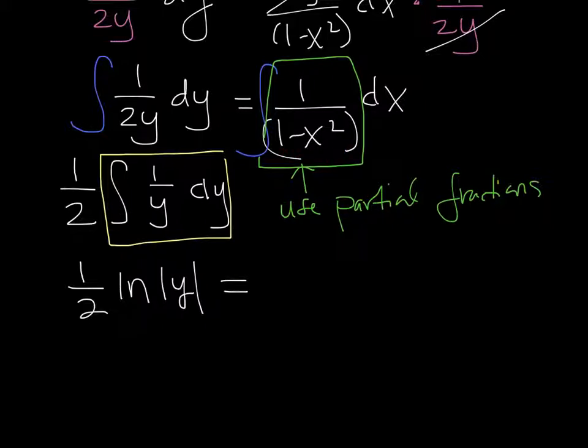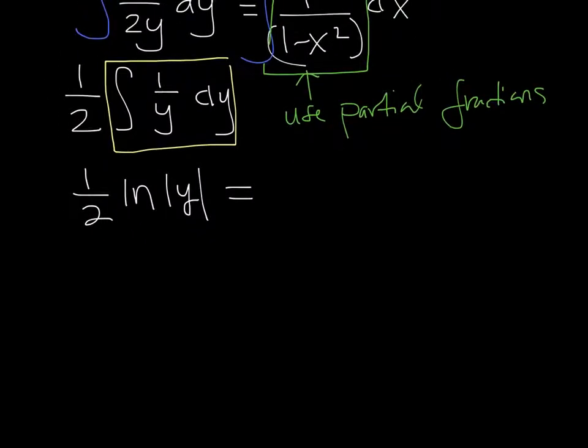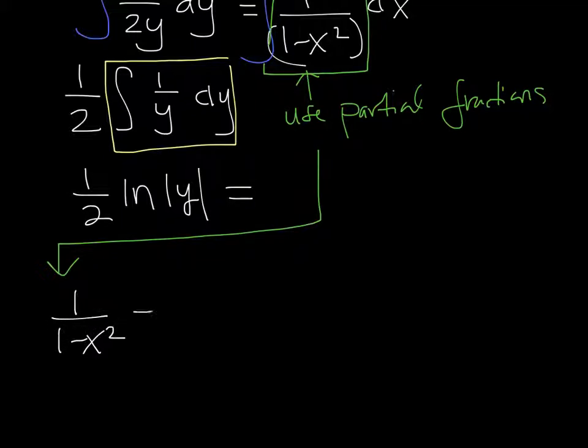So we are going to take a little side tour here. I'm going to work with rewriting this 1 over 1 minus x squared. This is a difference of two squares.